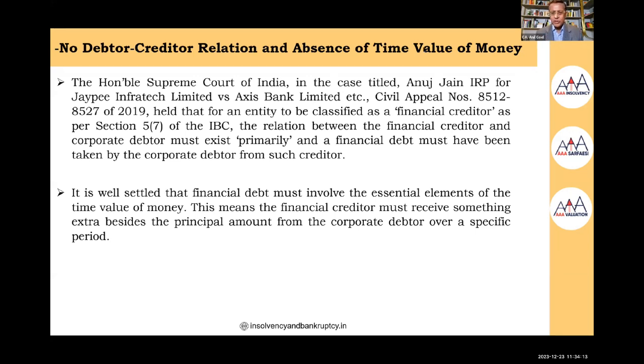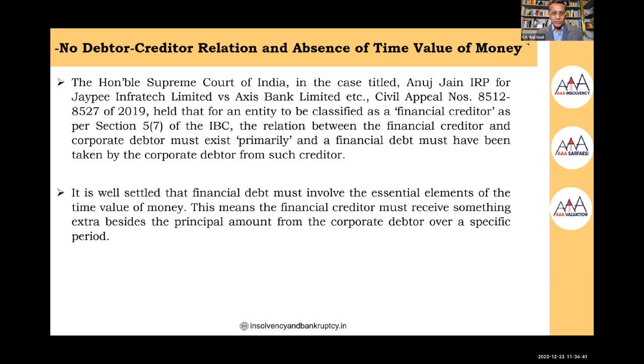So the primary threshold is that there should be a relationship of a debtor and creditor. However, in the example that we are discussing today, the property of a particular company is mortgaged to lenders to secure a loan given to another entity. So there is no relationship of debtor and creditor between the claimant and the corporate debtor.